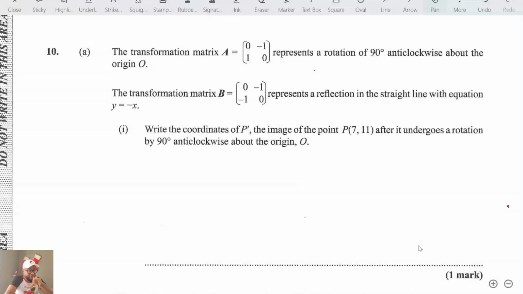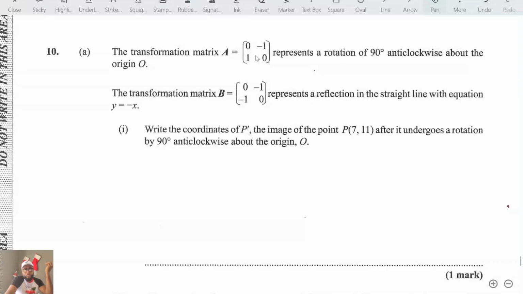B represents a reflection in a straight line with equation y equals -x. Write the coordinates of P prime, the image of the point 7, 11, after it undergoes a rotation of 90 degrees anti-clockwise about the origin.